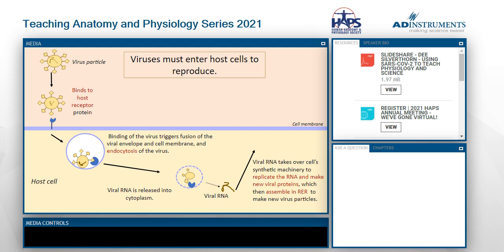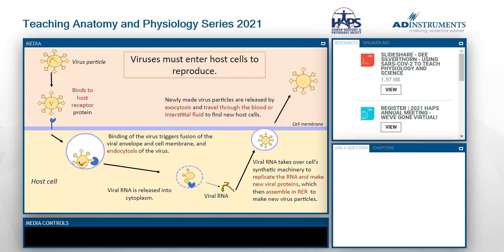It starts making new viral RNA, and then it uses the RNA message to create viral proteins, which then go into the rough endoplasmic reticulum and assemble and become enveloped in the phospholipid bilayer of the rough ER to make new particles that can be released by exocytosis.